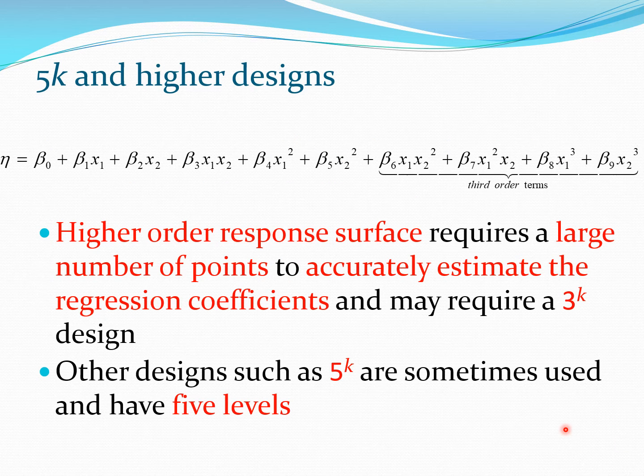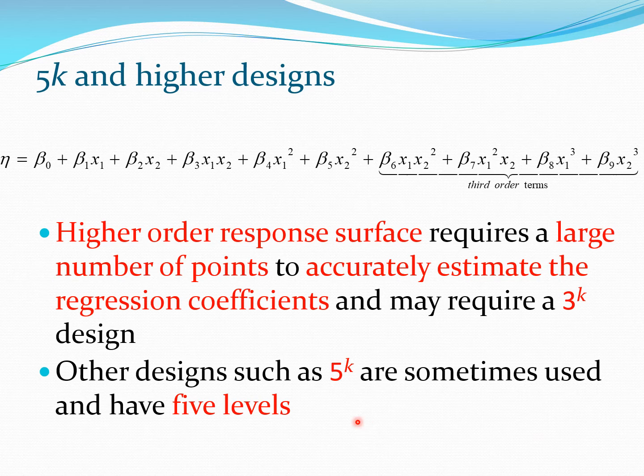Now it is possible that you may use terms beyond cubic, and like I mentioned before, people have used quartic polynomials, fifth order polynomials and so on. And in those cases also you may be able to use the 3K design. You can get a more correct estimate as far as regression coefficients are concerned if you have a plethora of points in the design space.